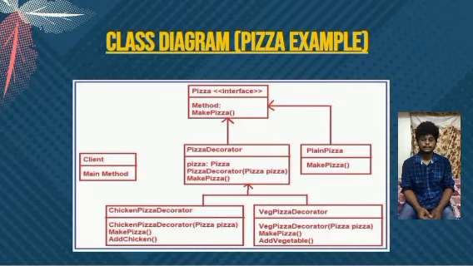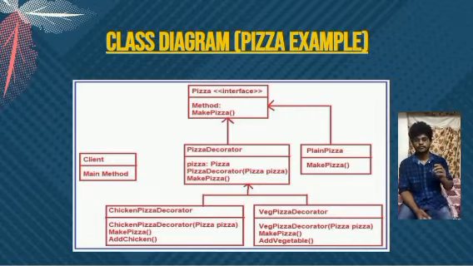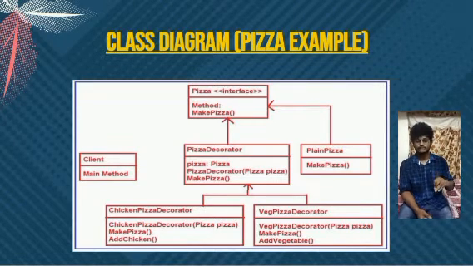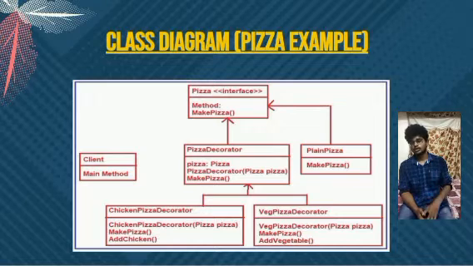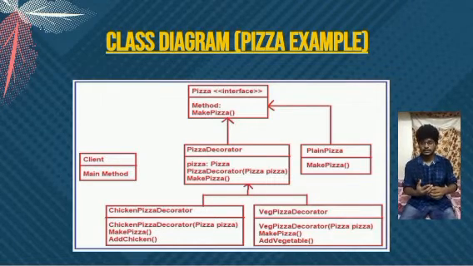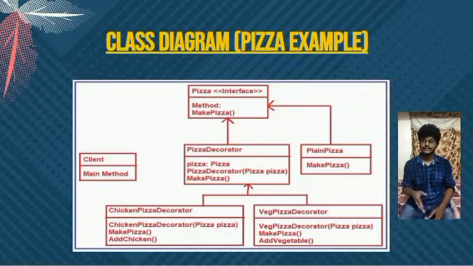It is extended by two concrete classes, chicken pizza decorator and veg pizza decorator, which will add chicken and vegetable to the plain pizza to return chicken pizza and veg pizza respectively to the caller. The client has the main method to extend the pizza object functionality using the decorator design pattern.